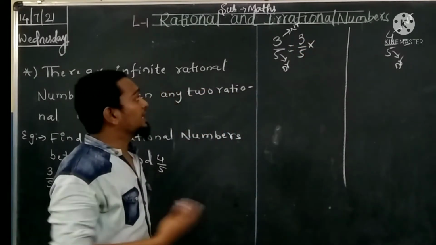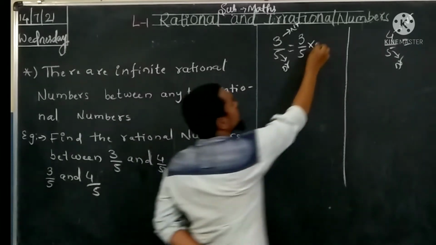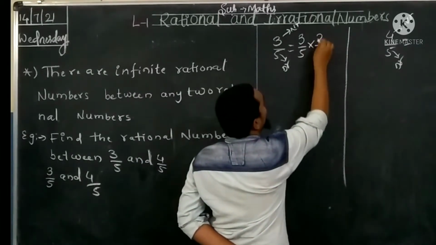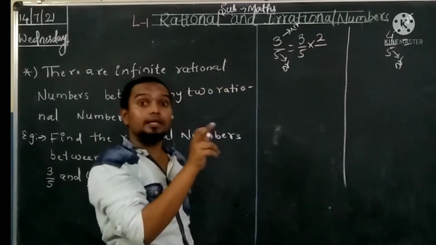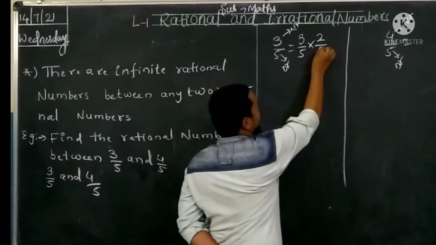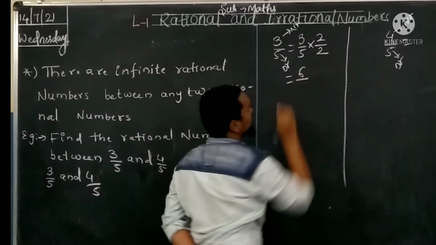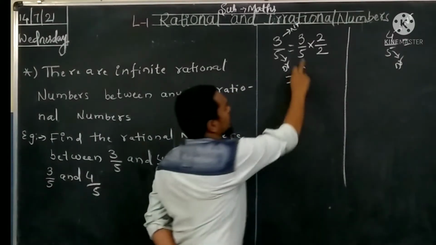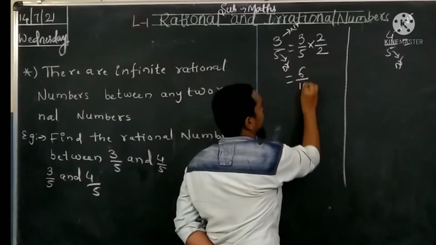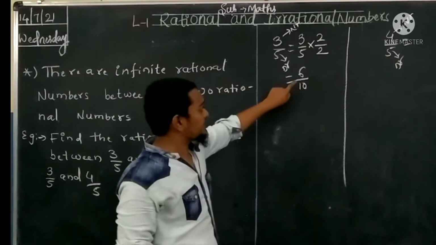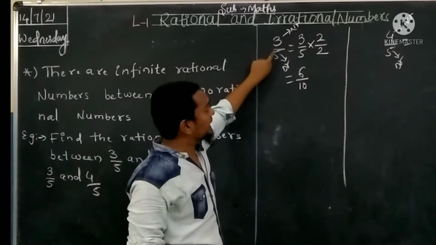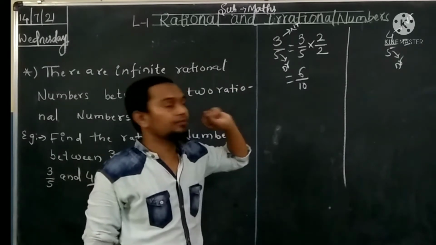Now we multiply 3 upon 5 by 2 upon 2, both numerator and denominator. Therefore, 3 2s are 6 and 5 2s are 10. This 6 upon 10 is equivalent to 3 upon 5.